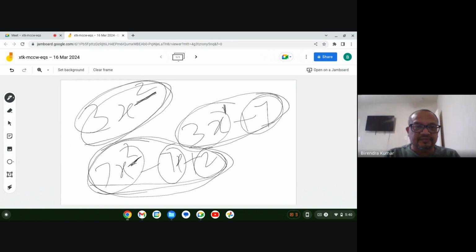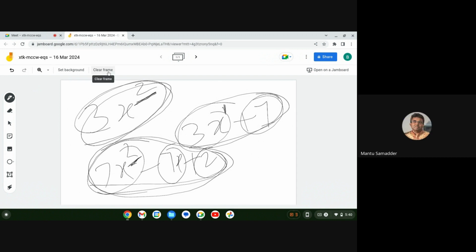Then we learned about the identities. That is where we looked at the formulas for x plus y whole square, x minus y whole square, and x plus y into x minus y. These are the backbones of any algebraic thinking, algebraic equation, anything to deal with algebra, and those are called identities.